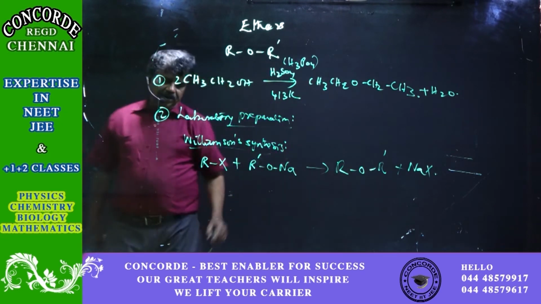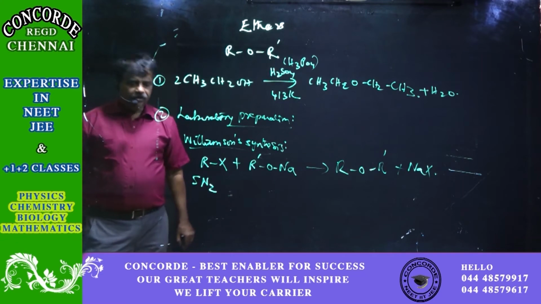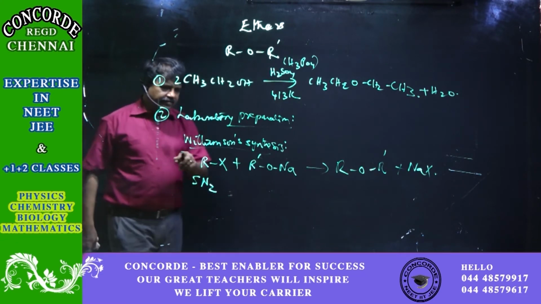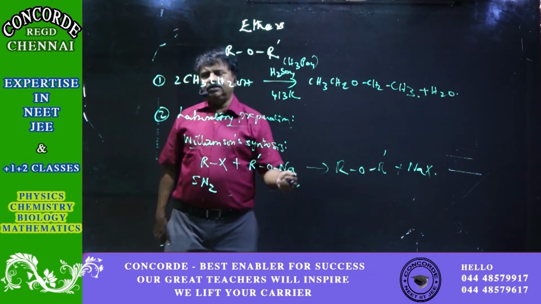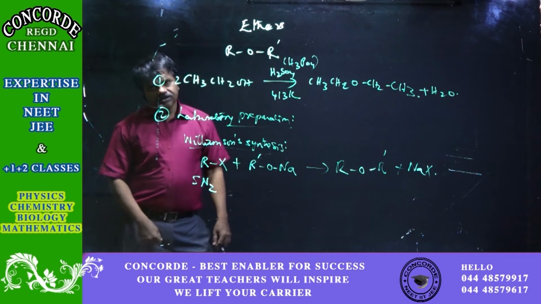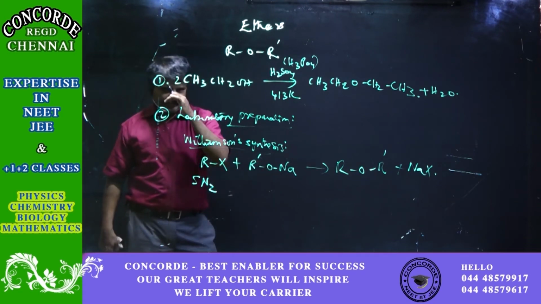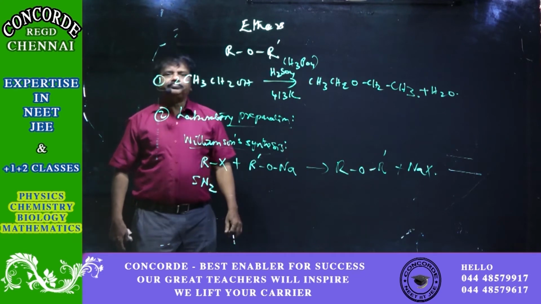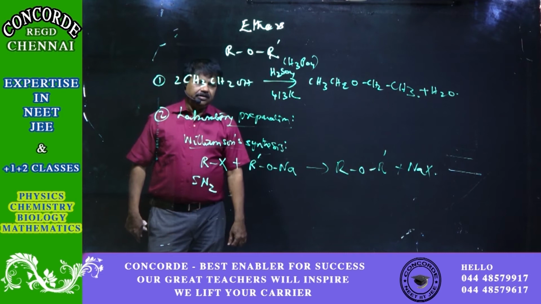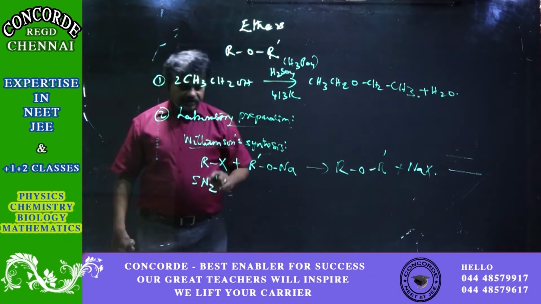This is a typical SN2 reaction, substitution nucleophilic bimolecular reaction. In this, the nucleophile, RONa, attacks the carbon of RX, forms a complex, and then the complex splits to give the ether. So it is an SN2 reaction.